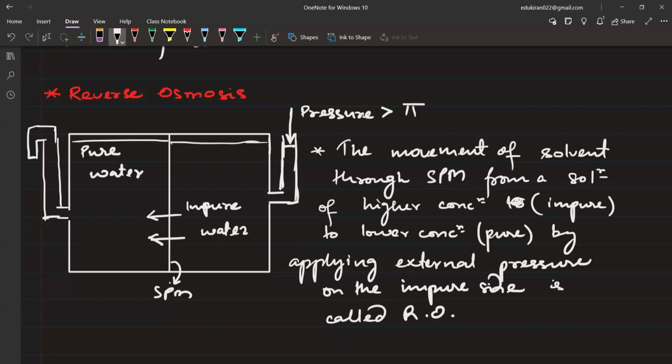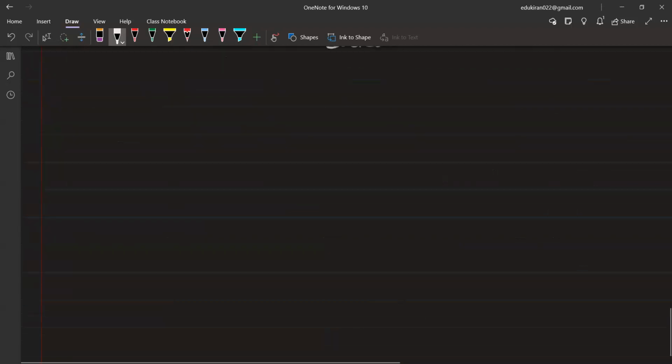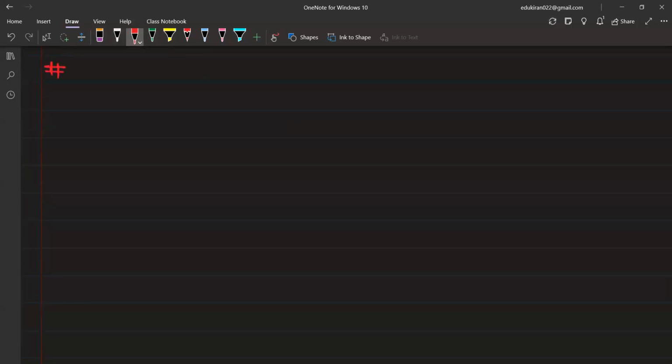Abnormal molar mass. Now, what is abnormal molar mass? Please understand this.